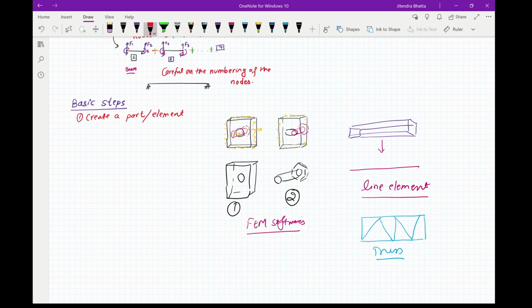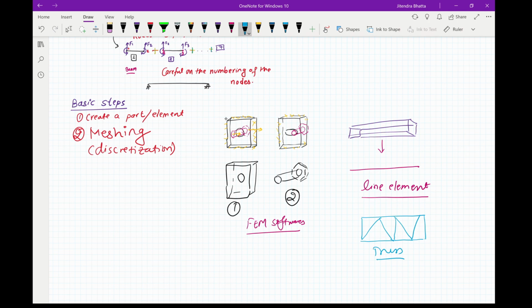Now the second step is to mesh it, meshing, or discretization. Now, as I explained earlier, the solution of the FEM is obtained at different nodes. Now, to create those nodes, we have to discretize or mesh our structure into different elements.